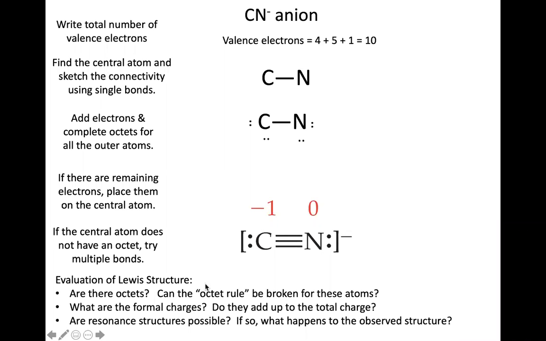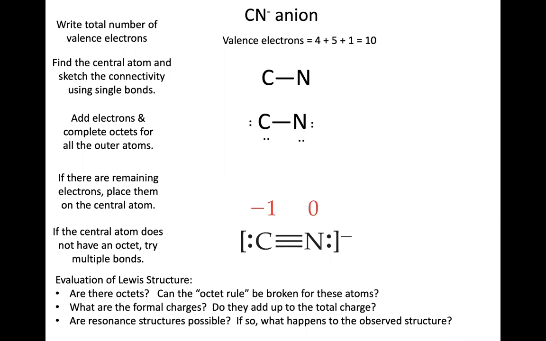Which rule wins? The way I want you to think about it, for those atoms that always form octets, carbon, nitrogen, oxygen, fluorine, the octet rule is absolutely going to be the one that we work with. If it's not perfect in terms of formal charge, so be it. If we get stuck like this and we say, well, what do we choose? Octet rule or formal charge?